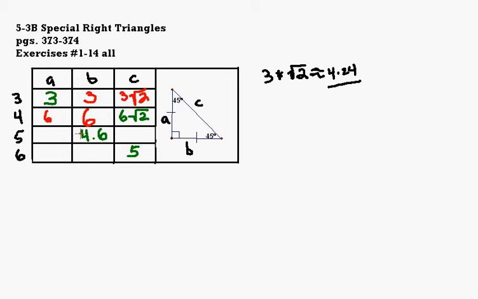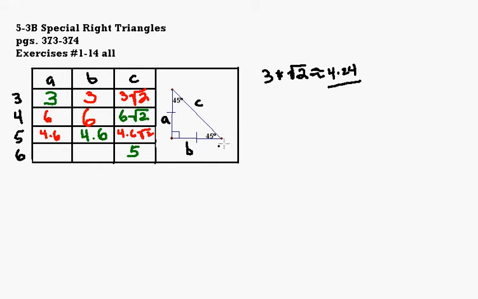Now, with B being 4.6, that means A also has to be 4.6 because they're of equal length. And this would simply be 4.6 times the square root of 2.